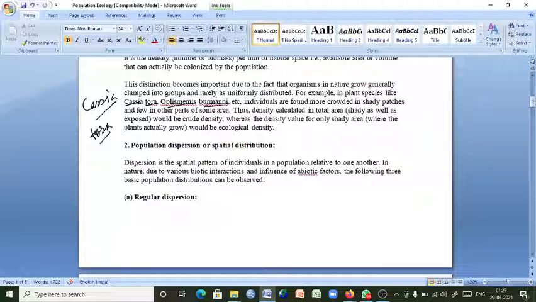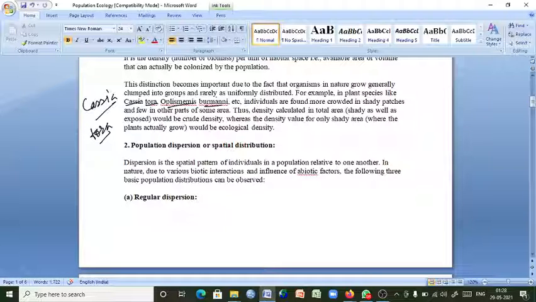And if we consider, they are also found in other lighted areas or non-shady areas also, but usually they clumped or aggregated in the shady areas. So if we consider the density for the shady area only, then it yields the ecological density. And if we consider the shady as well as the exposed area or the lighted area, then it yields the crude density.